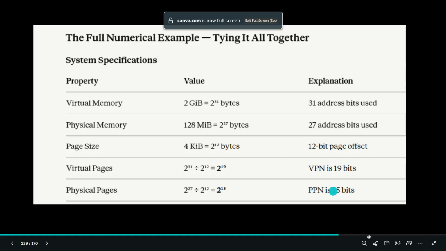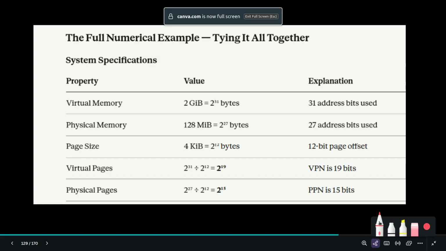Okay, so here you have to understand the total physical pages. The number of physical pages is equal to what?